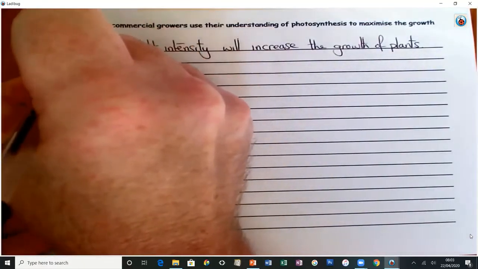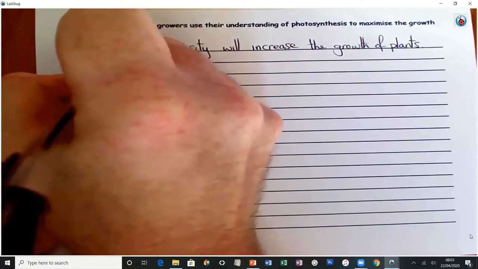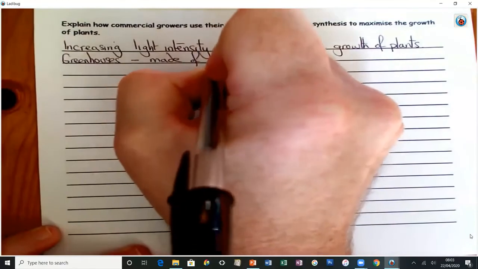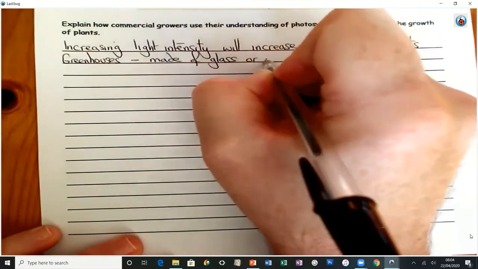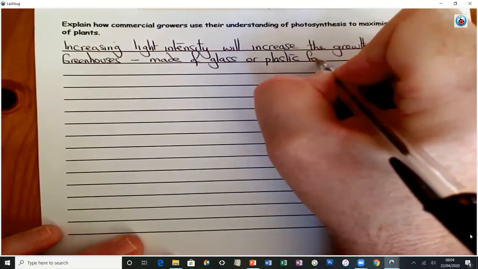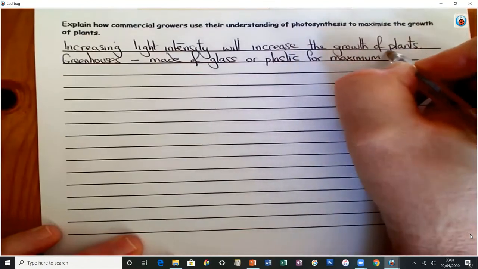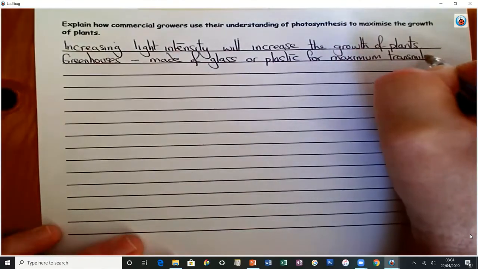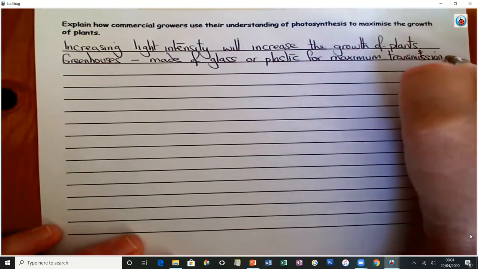So greenhouses made of glass or plastic for maximum transmission of light.